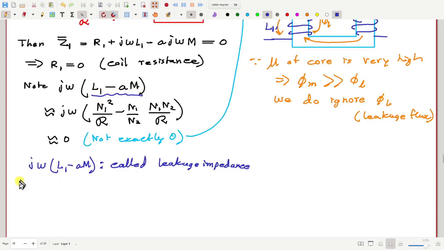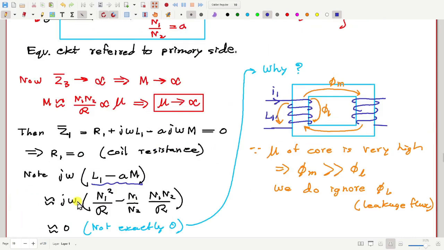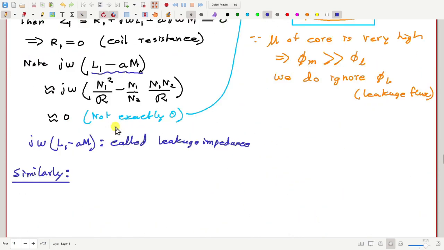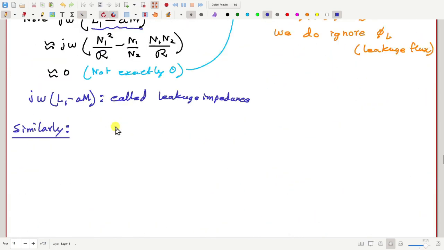In the same way, for this circuit to behave like an ideal transformer, we also need Z2 to be equal to 0.